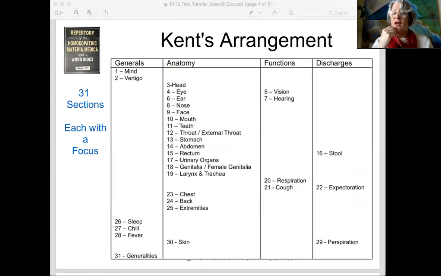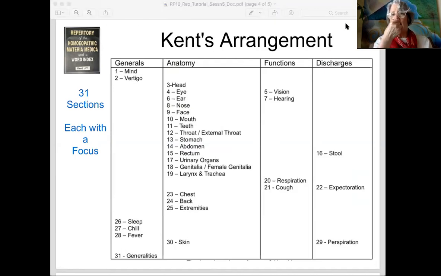Okay? So how would you find a rubric for postnasal drip? You guys have any ideas about that? In general, it absolutely is a discharge, but you don't see the discharge because it's going down the back of the throat, right?